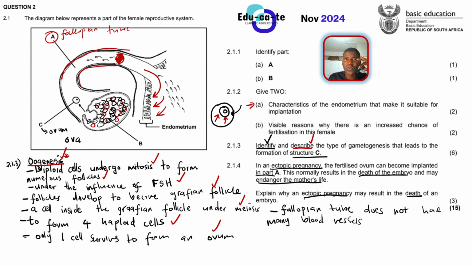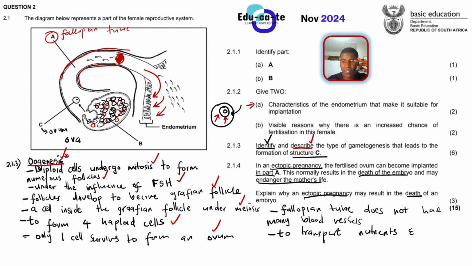Remember, for the embryo to live, it needs nutrients, it needs oxygen. It can never get oxygen and nutrients if there are not enough blood vessels. So it does not have many blood vessels to transport nutrients, and what?